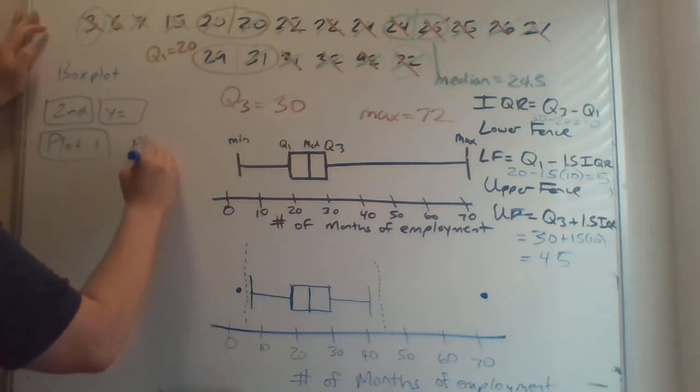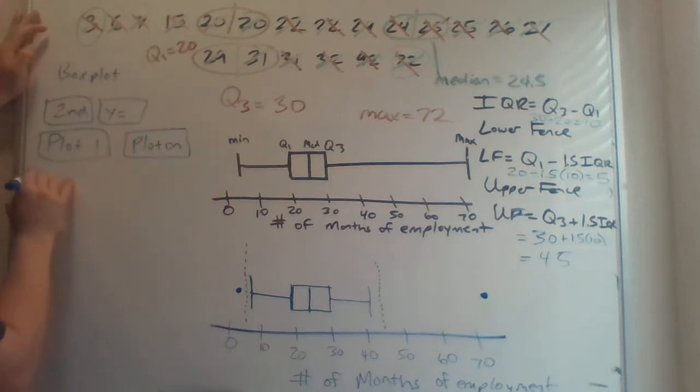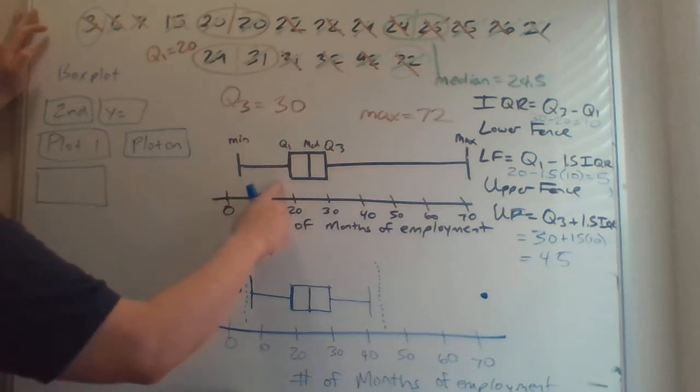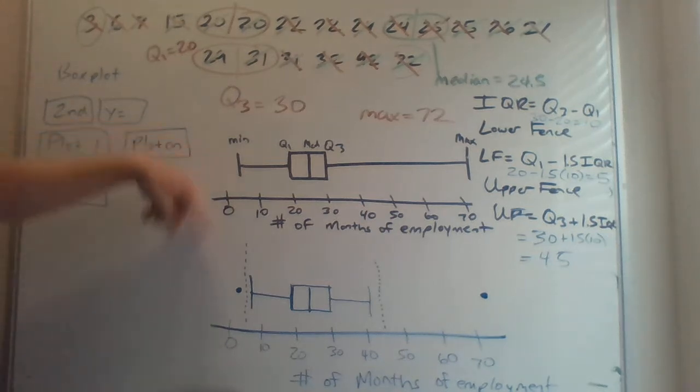Make sure it's on, and then go to the types. There's two of them. If you want the modified box plot, there should be a picture that looks pretty much like our picture. It has some outliers on it. The other one doesn't have outliers. So you want to pick this one.